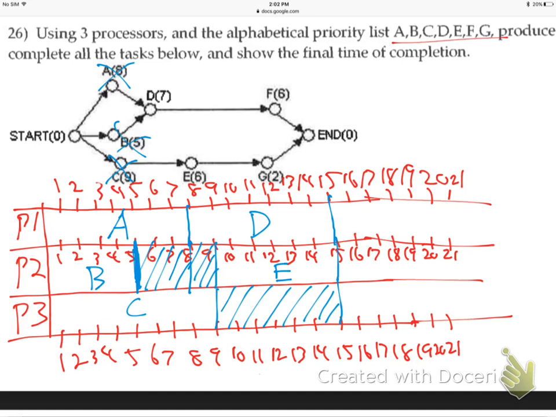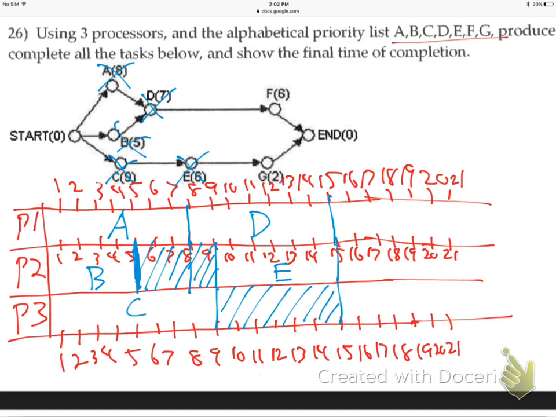Making sense? And then at 15 hours, both D and E get finished simultaneously. And all 3 employees are available again. Who's going first? Processor 1. What job's available? F and G are both available.